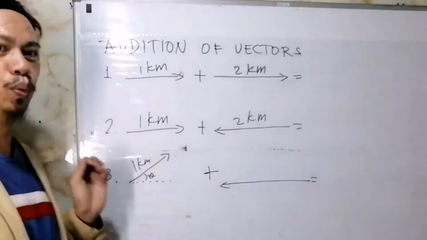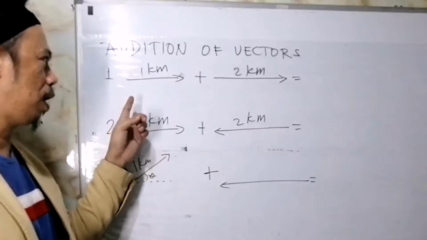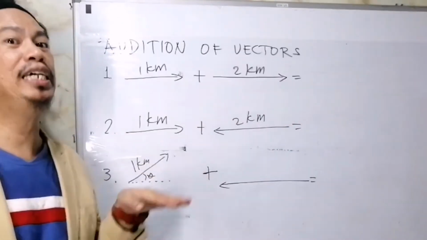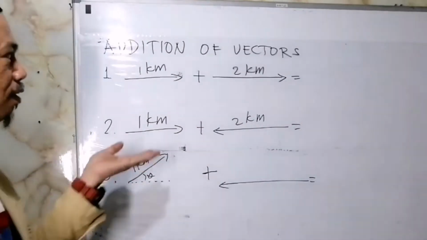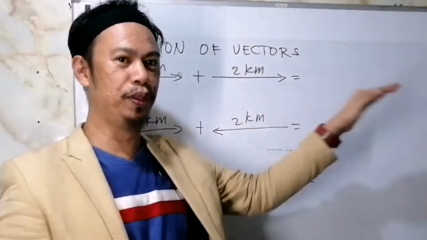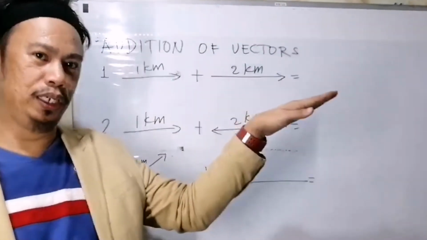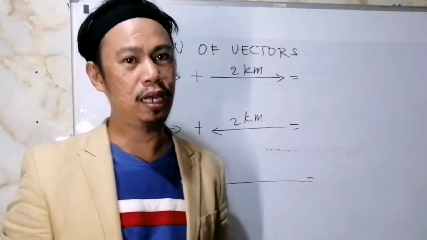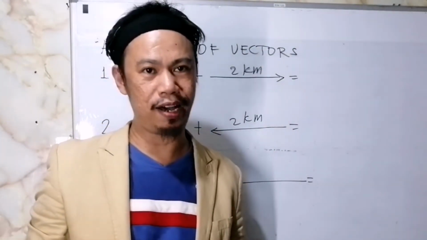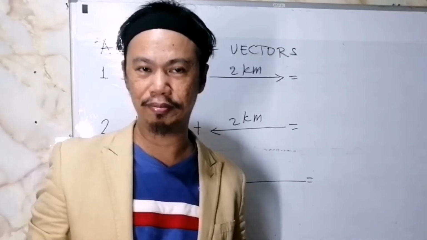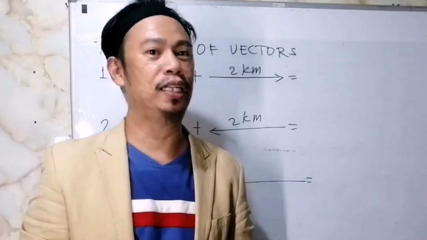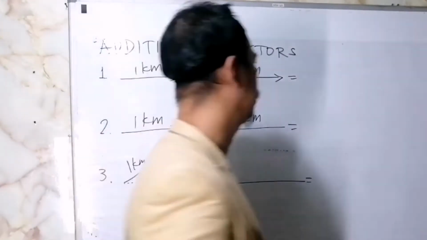In situation 1, we have 1 kilometer going east and then added by 2 kilometers east. How many kilometers do we have? We're going to add it. Correct. That is 3 kilometers east.